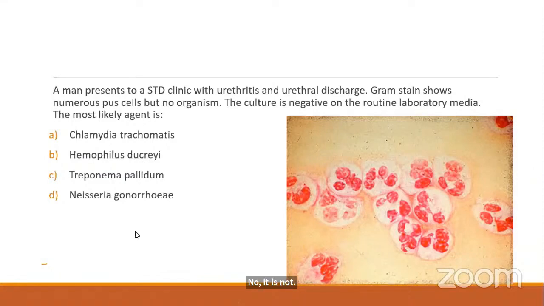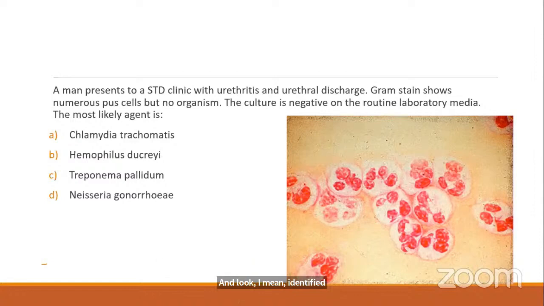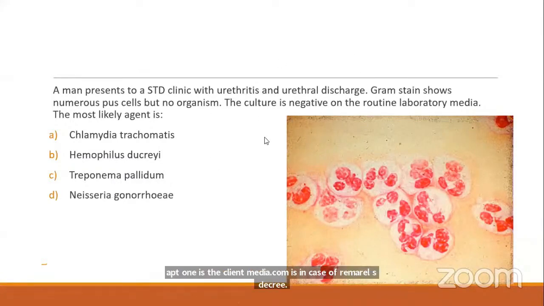It is an organism which cannot be easily cultivated and identified. It is slow, slender, and cannot be visualized in microscopy. So it is the causative agent for this particular clinical condition. The more apt one is Chlamydia trachomatis. In case of Haemophilus ducreyi, we will see an ulcer. Treponema also causes an ulcer, but nothing is mentioned about that. Okay.